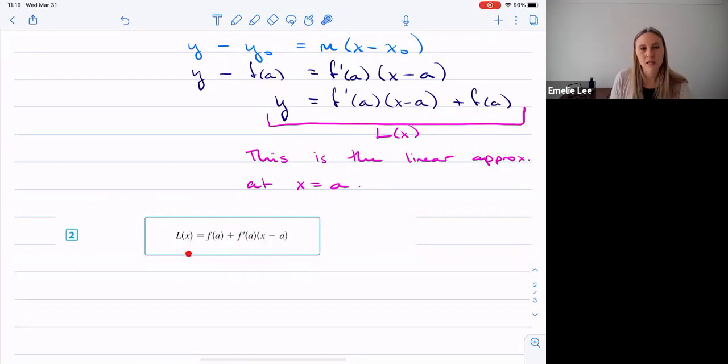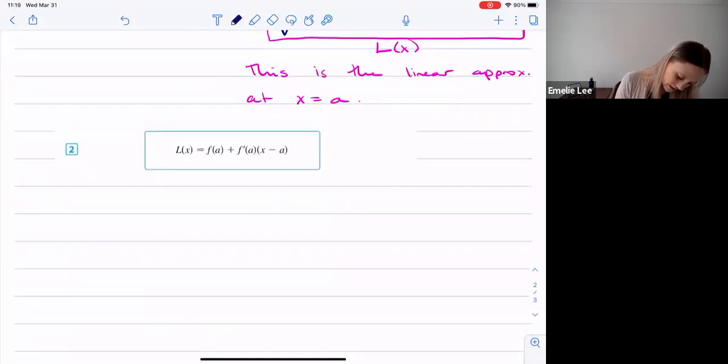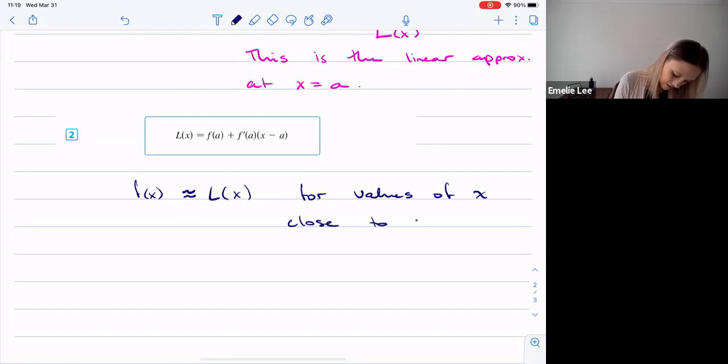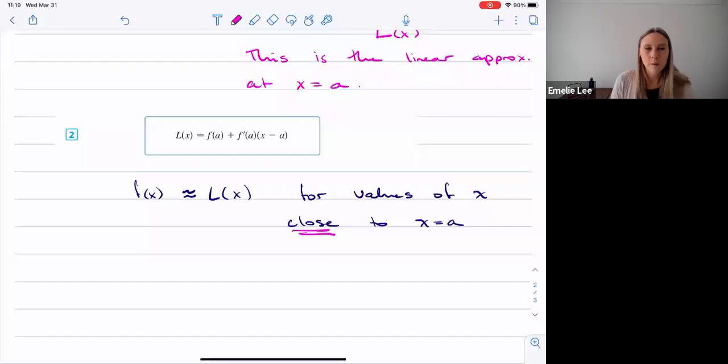So this is the linear approximation at A. What we're going to be leveraging is that f of x is roughly equal to L of x for values of x close to x equals A. And that's going to be really important.